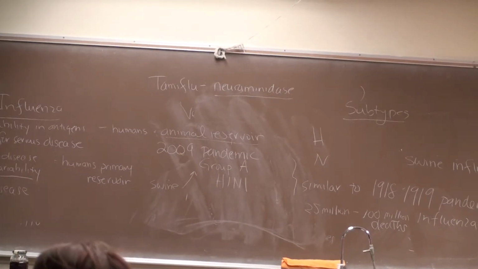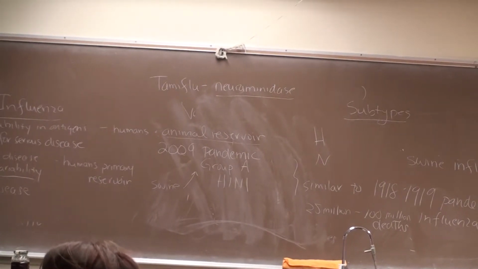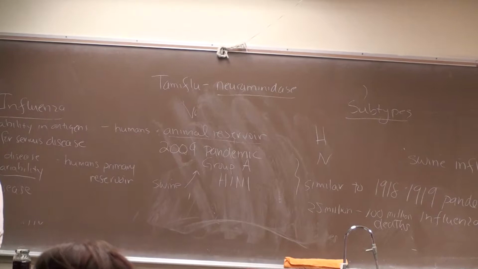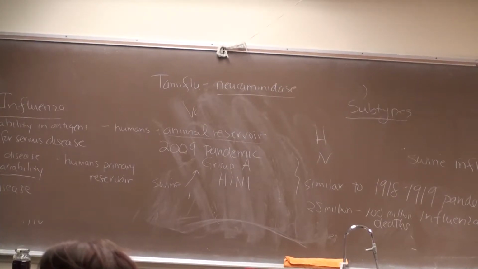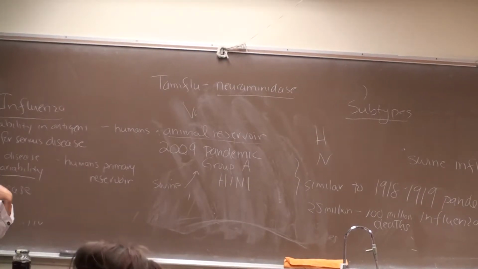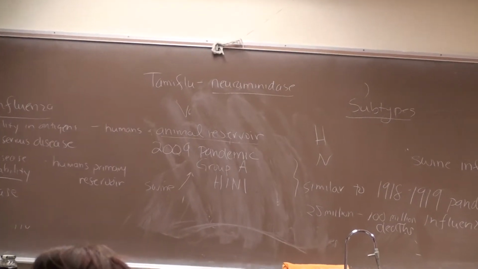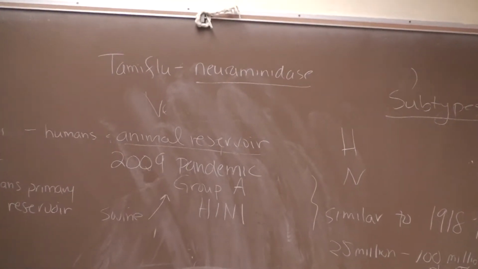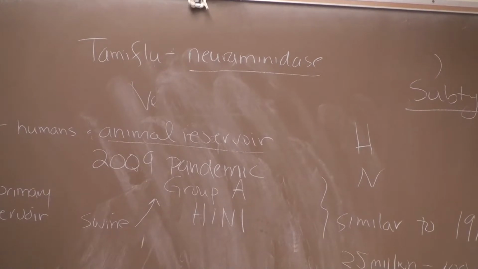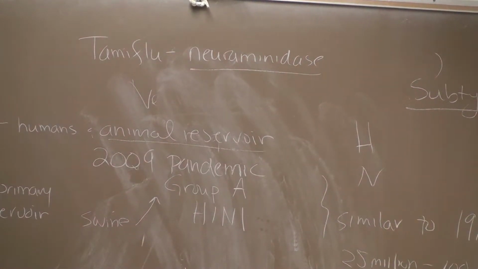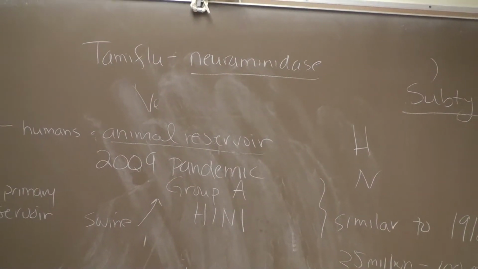It will decrease their ability to spread to other cells and should really limit the damage and limit viral replication. Again, you guys, I know sometimes we talk about all these little structures and functions and you wonder, why do we have to know this stuff? But it's so cool because by understanding the functions of all the different parts of the influenza viruses, people can come up with new antiviral drugs. Boy, do we need those antiviral drugs. Okay.